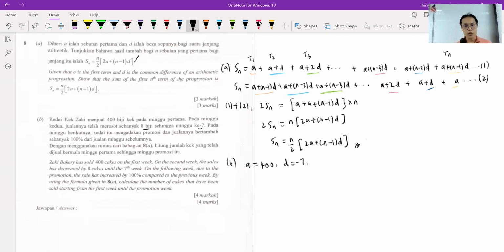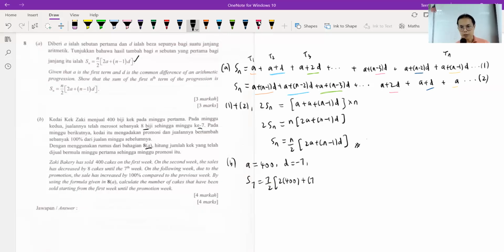Let's forget about the 8th week. In the 8th week you increase by 100% from the 7th week. We do that later. We calculate the total cakes sold in the first 7 weeks. We can use the result from part A, since the question menggunakan rumus daripada bahagian 8A. So we use S7, which is 7 over 2 bracket 2a plus (n minus 1), 7 minus 1 is 6, times d.